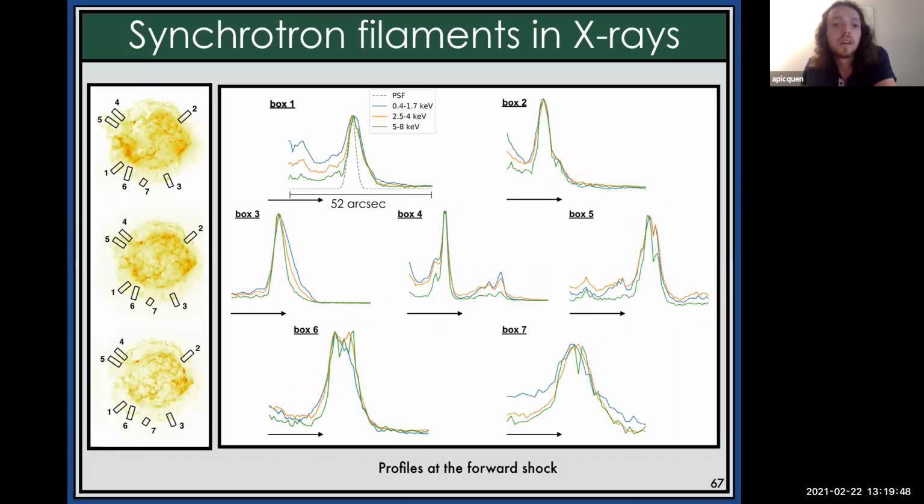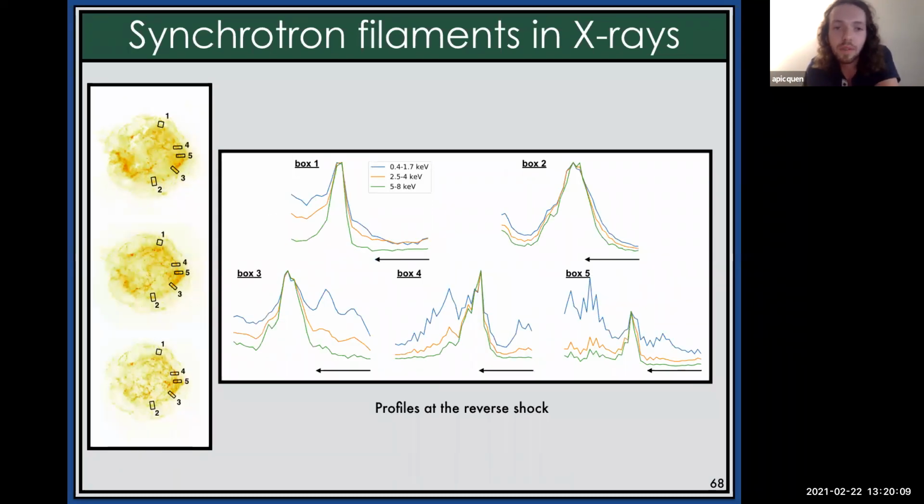And it should be worked on in a future upcoming paper, but right now we don't have many other results about it, but it's really interesting because it is the first time that this narrowing is detected for sure in Cassiopeia A.